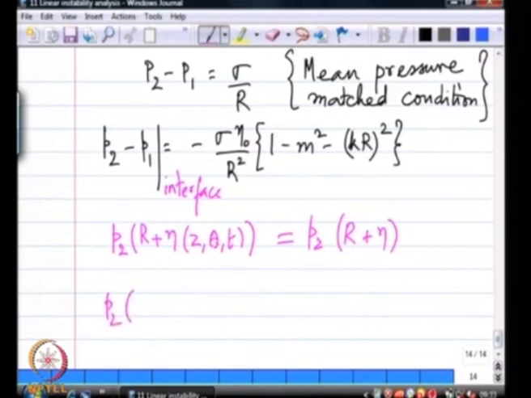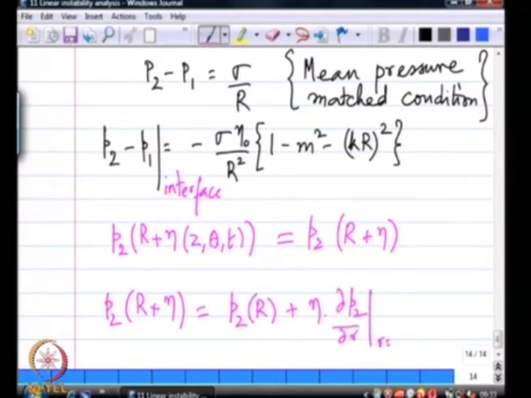I can write P2 at R plus eta to be equal to P2 at R plus eta times dP2/dr evaluated at r equal to R plus order eta squared terms, simple Taylor series.